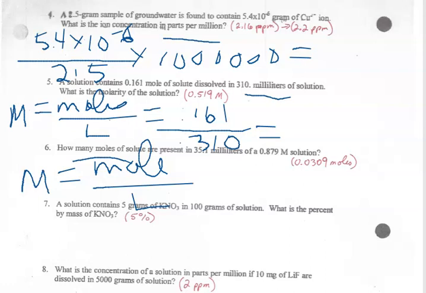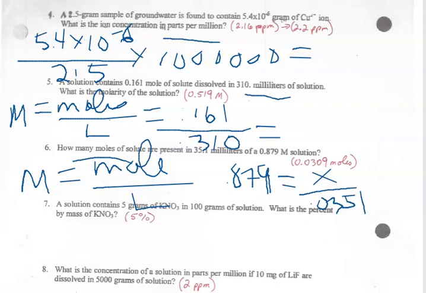We have 0.879, sorry about my drawing here, is X over, all right, I think it's 35.1, so it's going to be 0.0351 liters. When you multiply those two numbers together, you should get the answer of 0.0309. We have, I think, 3 left here.